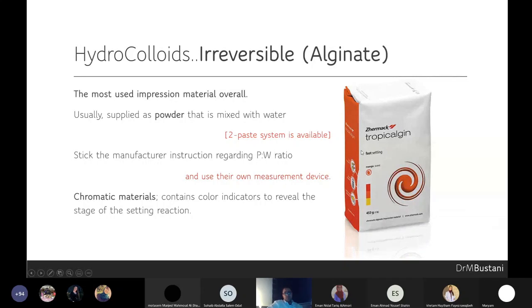Usually the setting time of alginate is about 3.5 minutes inside the patient's mouth. That's the normal setting. The fast setting material will be about 2 minutes in the patient's mouth. This is an advantage, especially if the patient has an exaggerated gag reflex. You don't want the material in contact with the palate for a long time. So the fast setting material is usually an advantage.